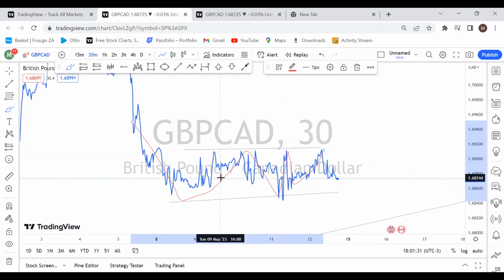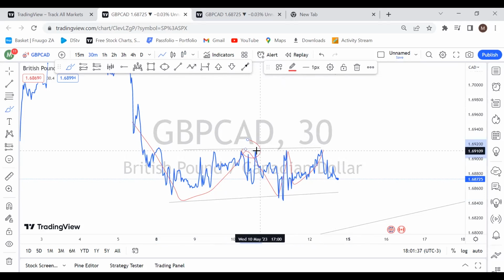This method really helps me to figure out which touch is which. This is the first one, even though it's kind of a double top. I count this as one touch according to the actual formation of this whole correction. So this is my second touch, and we have our third touch right there.